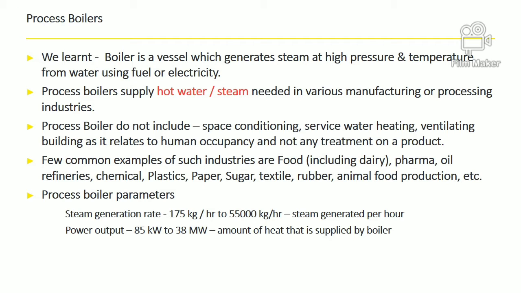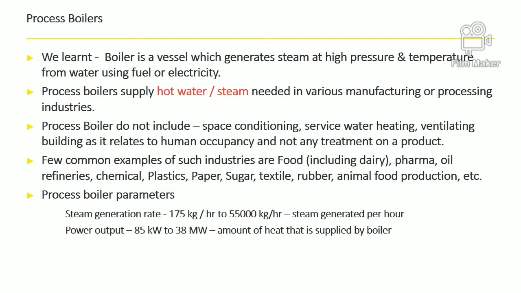A few common examples of such industries where process boilers are used are food industry, pharma industry, oil refineries, chemical industry, plastic, paper, sugar, textile, rubber, animal food production, etc. industries.